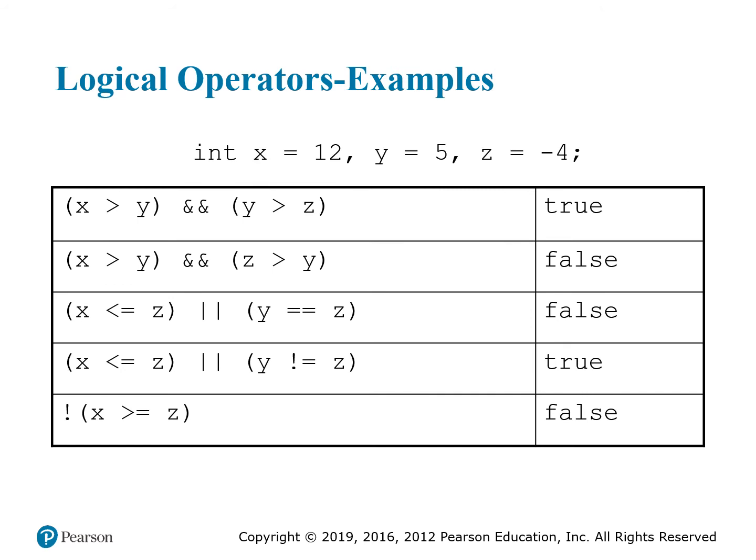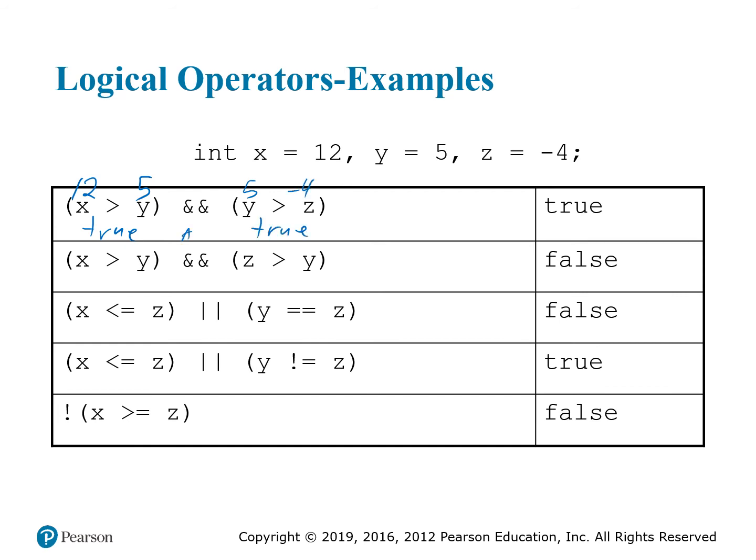And is true if both sides are true. So for this set of values that they've set us up with here, 12 greater than 5, true. 5 greater than -4, true.